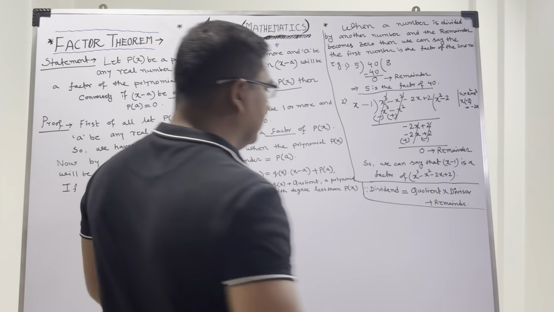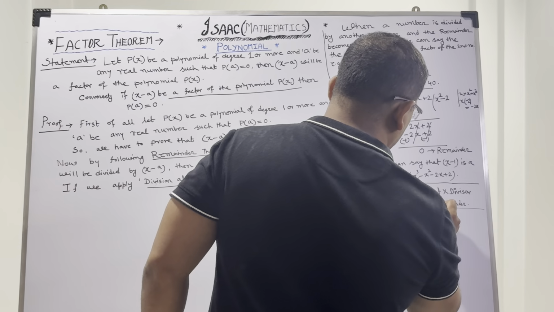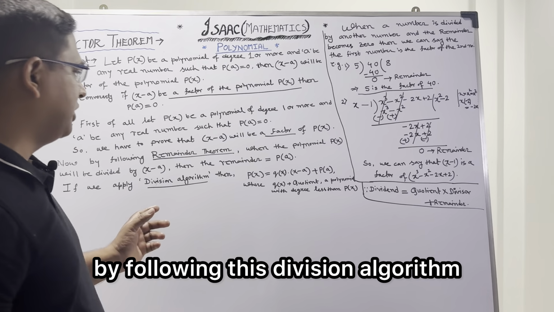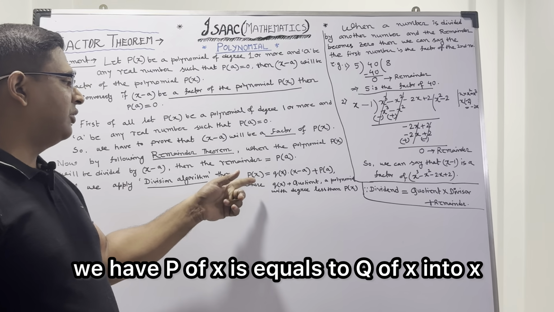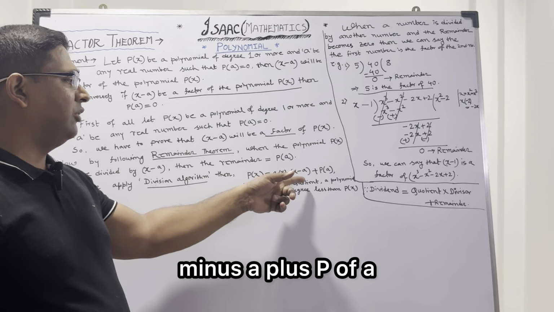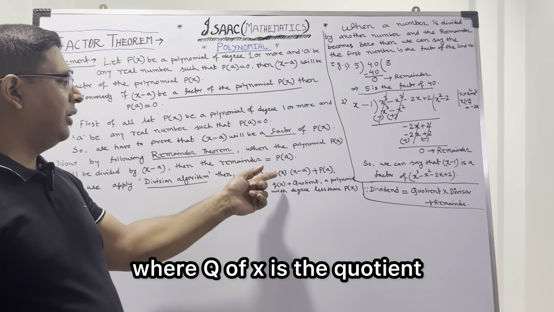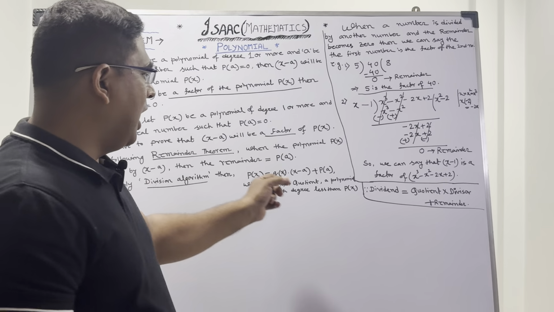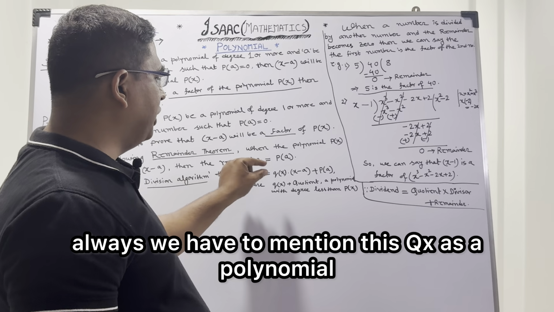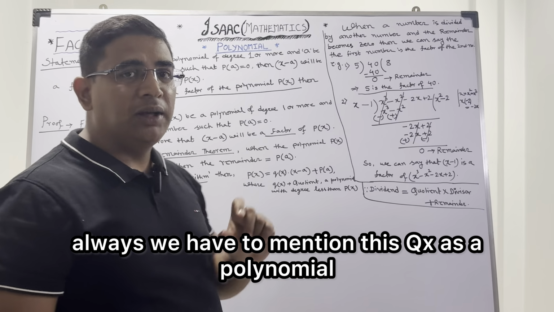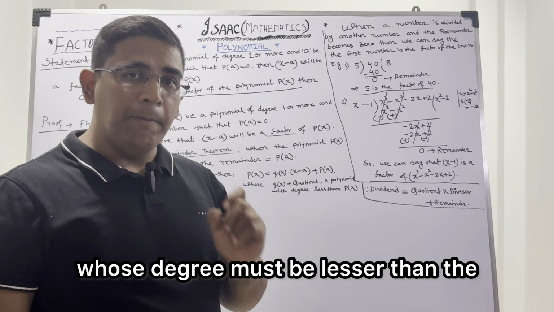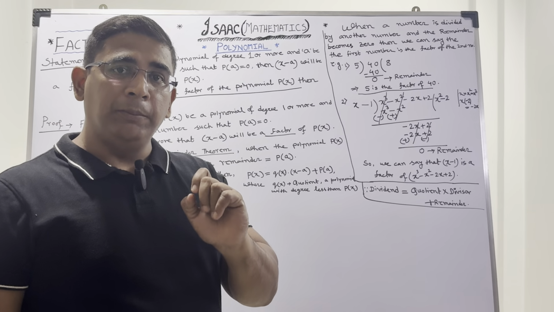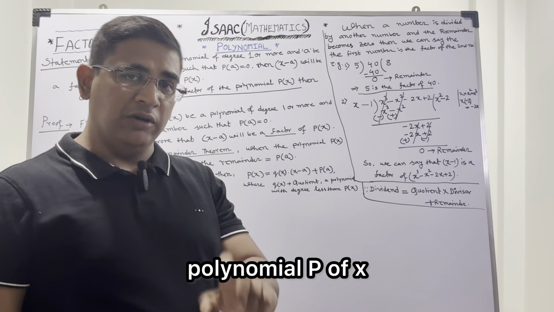Okay, this is the division algorithm. So by following this, we have P of x is equal to Q of x into x minus a plus P of a, where Q of x is the quotient and P of a is the remainder. And we always have to mention that Q of x is a polynomial whose degree must be lesser than the polynomial P of x. Okay.